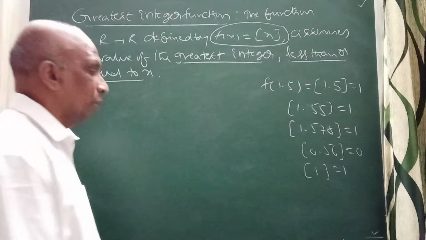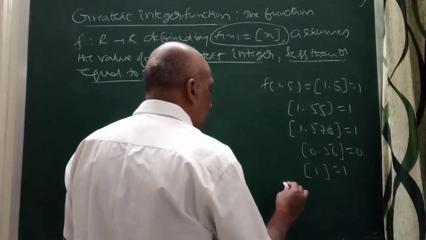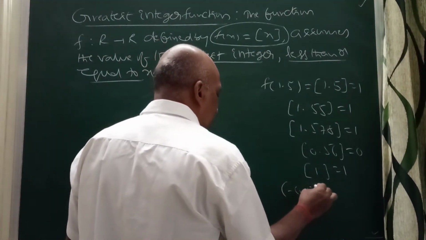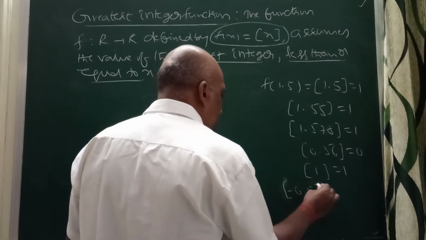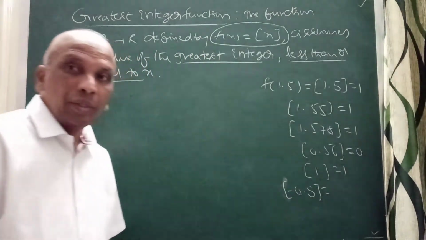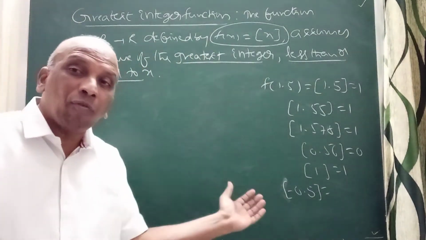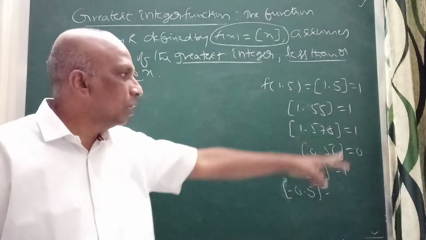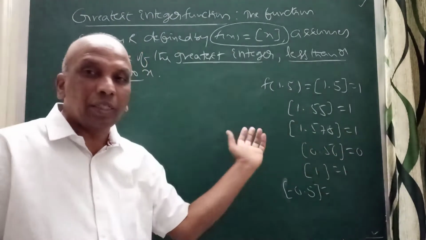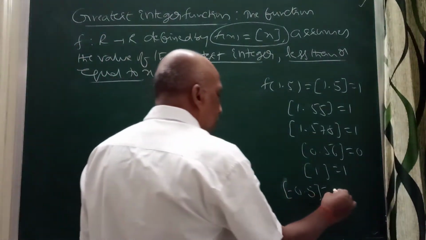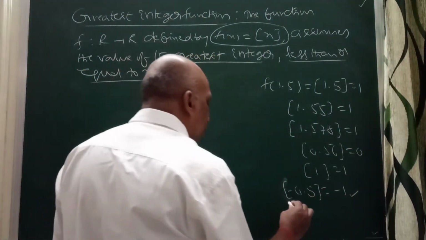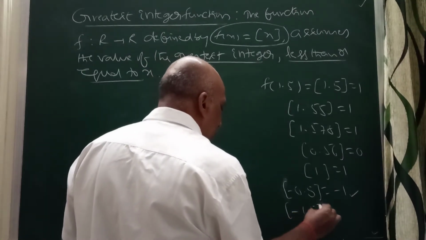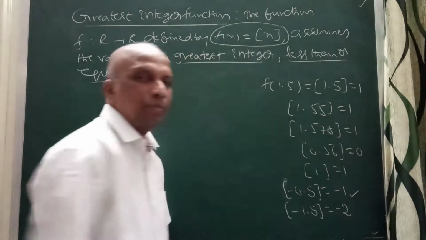If we think of negative numbers also, for example, you can write floor of minus 0.5. It gives the integer on the left side of that number. So for 1.55 the left side integer is 1, for 0.56 the left side integer is 0, and here it gives minus 1. Suppose minus 1.5, it gives minus 2.